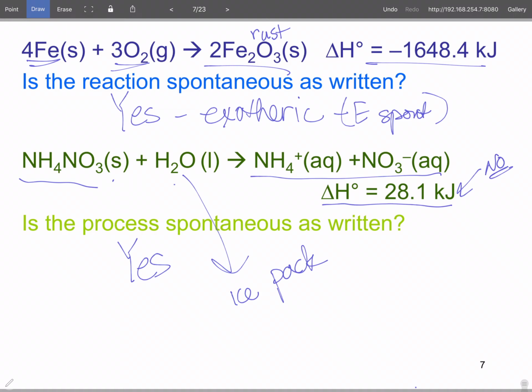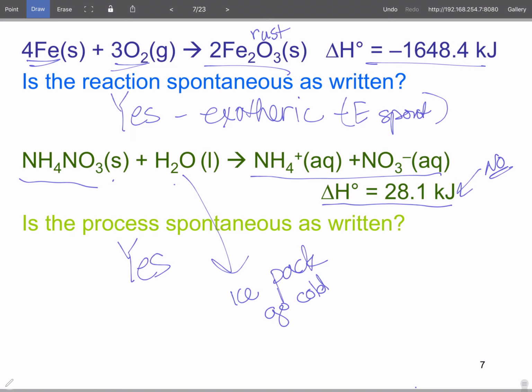So what that tells you is that once you mix them, and you're like, but you're doing something. No, you're actually artificially keeping them separate. When you allow them to mix, and that's all you're doing is mixing them, then yes, the ice pack will go cold, and it spontaneously dissolves as it does this.